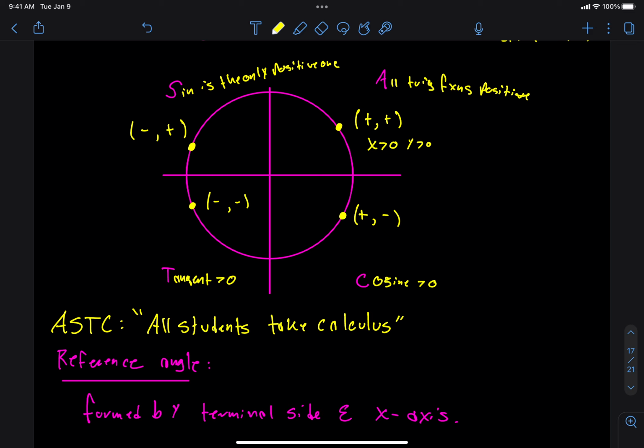And what is the measurement of that reference angle? Just this angle is going to be 30, right? 360 minus 30. So this is a 30, and this is a 60, and this is a 90. And what else do we know about this triangle? Hypotenuse is 1. So what is this side length going to be?